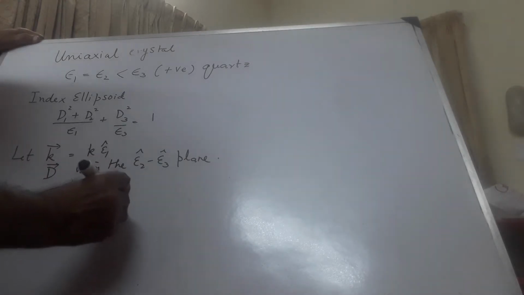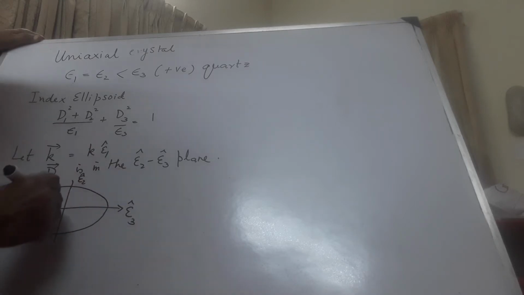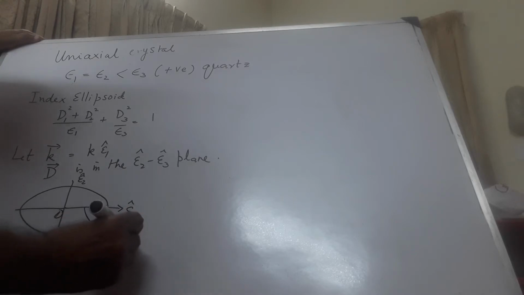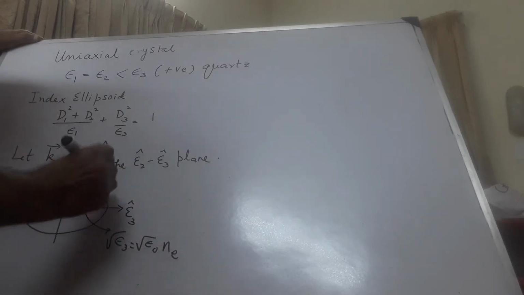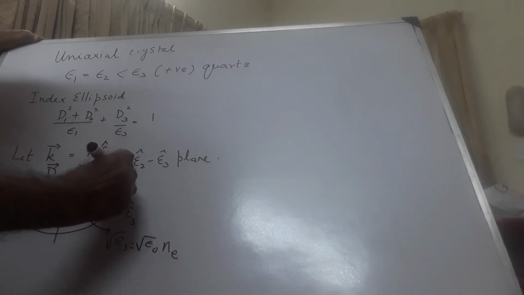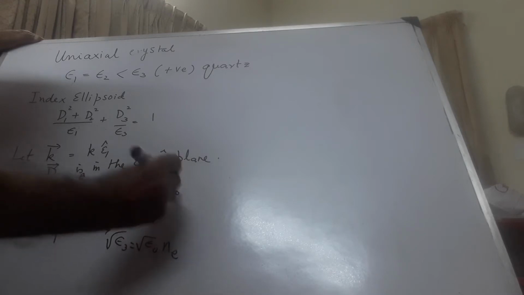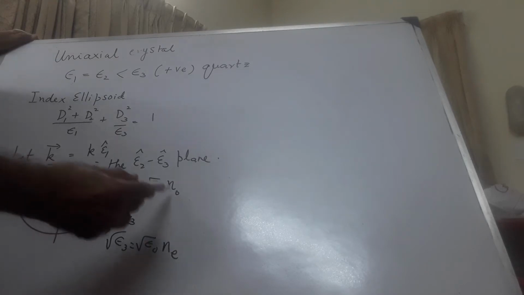This is my epsilon 3 and that's my epsilon 2. This distance is root epsilon 3 and that is root epsilon 2. This thing is called the extraordinary refractive index, and that's called the ordinary refractive index.